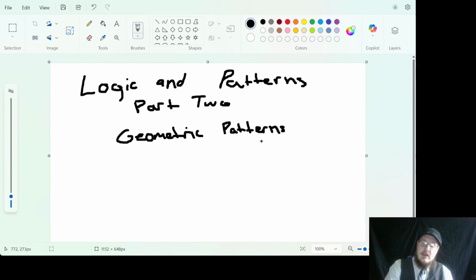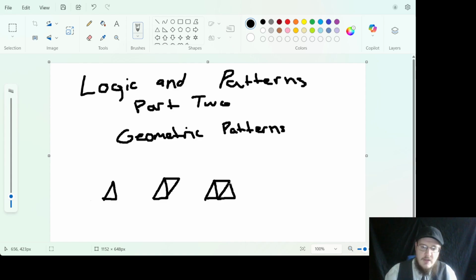Now, another kind of pattern that we could have is changing up the sides and creating an ever expanding image using shapes. So let's say we have an example here of a triangle. Okay, 3 sides here. What I'm going to do is create another triangle here by adding on 2 sides. Going to create another triangle by adding on 2 more sides.